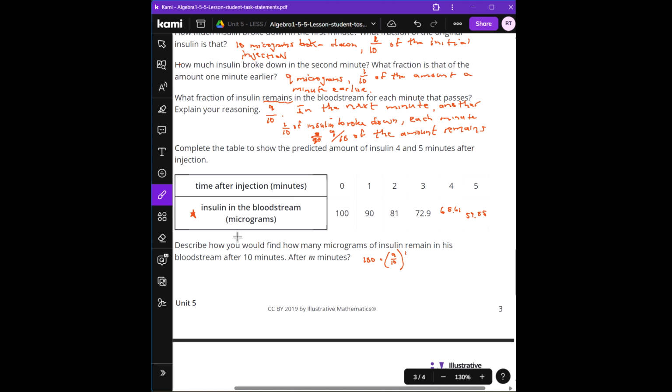So after 10 minutes, we're going to put 10 as the exponent. And then for m minutes, we're going to have 100 times 9/10 to the m.